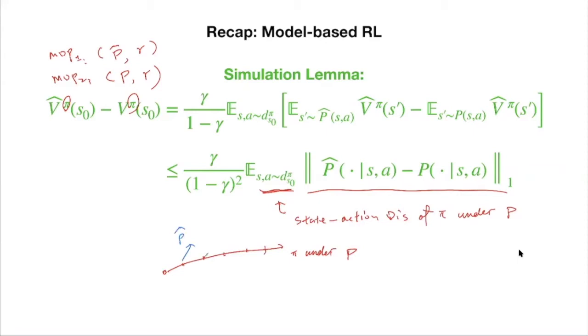And this is, again, P hat, and this might be P hat. Right, along these waypoints, I just check, what's the disagreement under L1 distance between P hat and P, and then just sum them together, average them together, and that quantifies the difference between the two values, the two performance values.